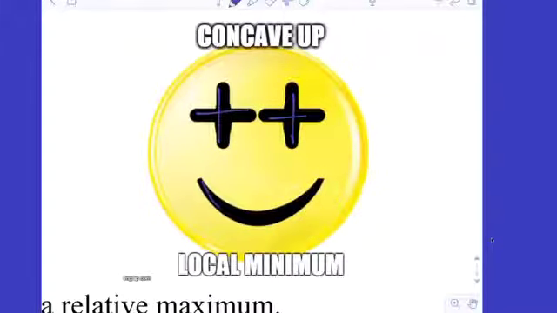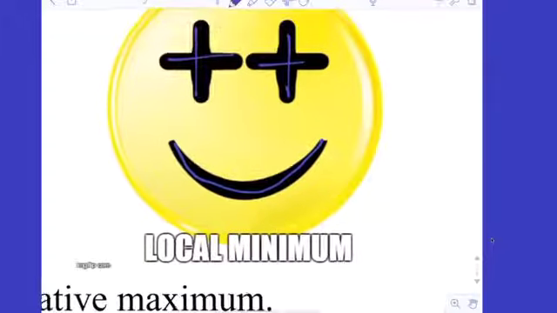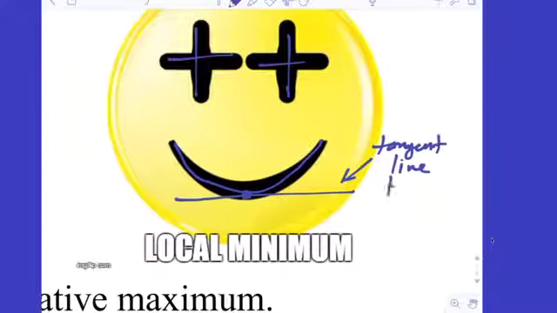If the graph is concave up like a cup, it looks like a smile. The only thing that horizontal tangent could be then is a local what? Min. Notice if the graph is concave up, the tangent line is below the curve, and so that's going to be a local minimum value.